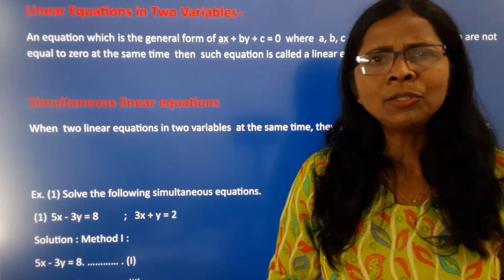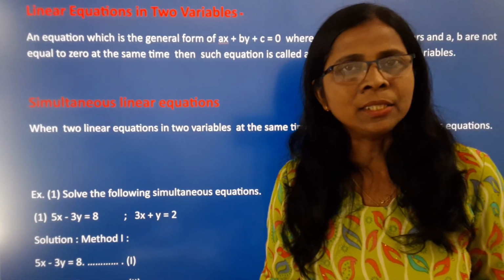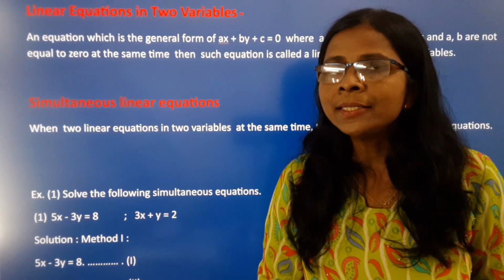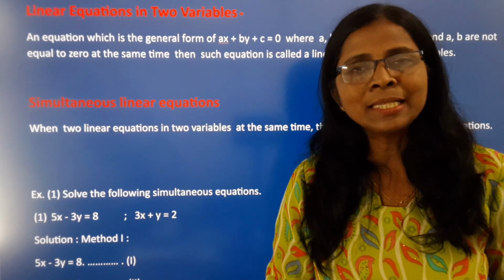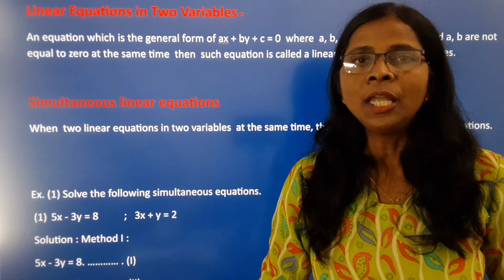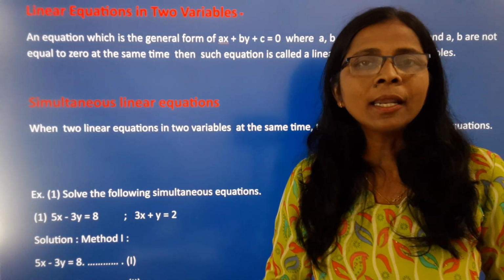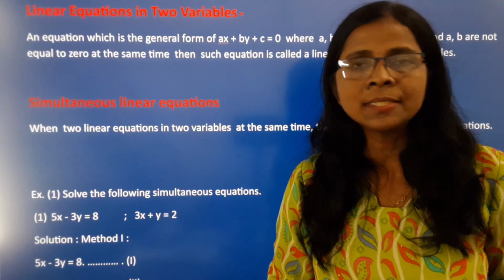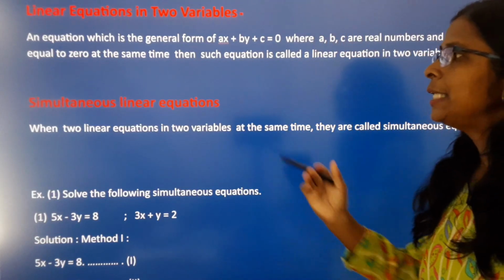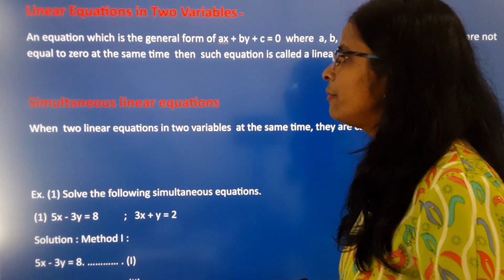Either a is equal to 0 or b is equal to 0, but at the same time, their values do not equal 0. Then we can say such an equation is called a linear equation in two variables. Clear, students? See further, that is the simultaneous linear equations.